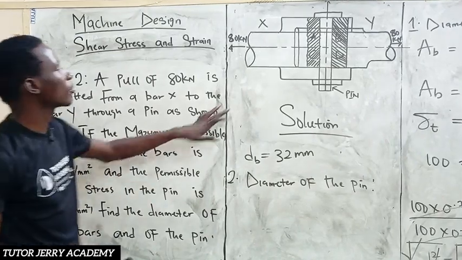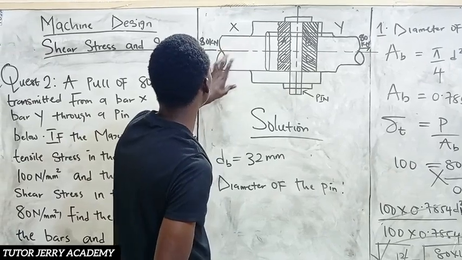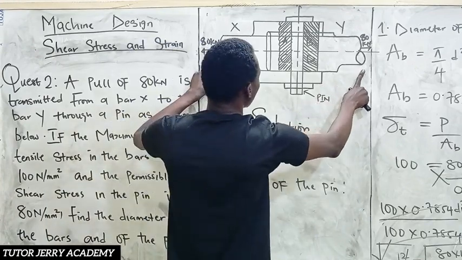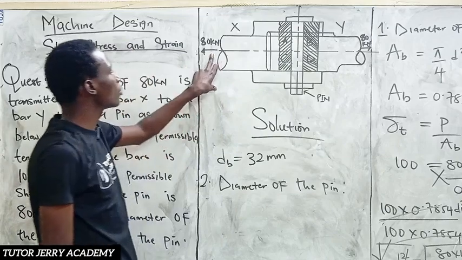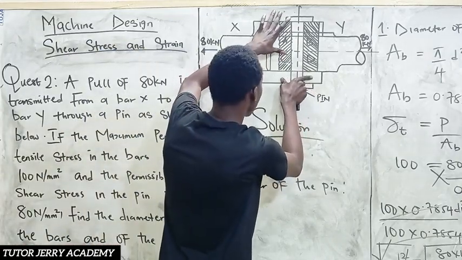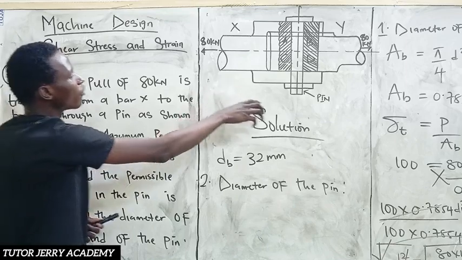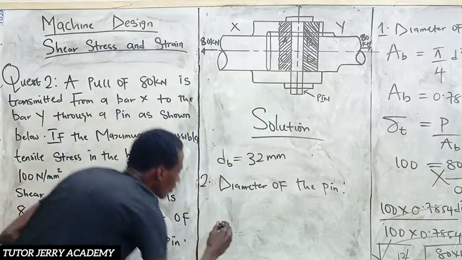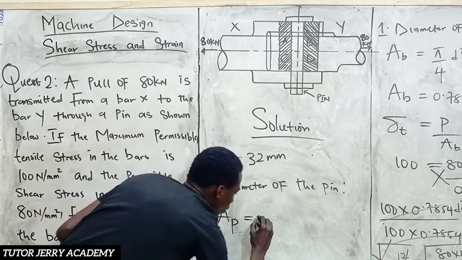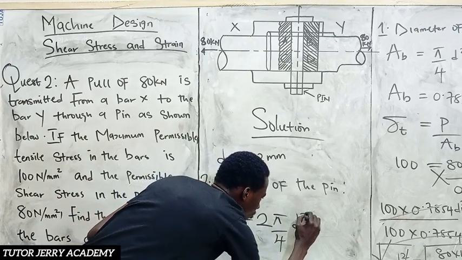First thing first, if you look at this diagram here, we have a tensile load of 80 kilonewton. This tensile load tends to make this pin shear off. So for the area of this pin, A subscript P will be equal to 2 pi all over 4 d square.